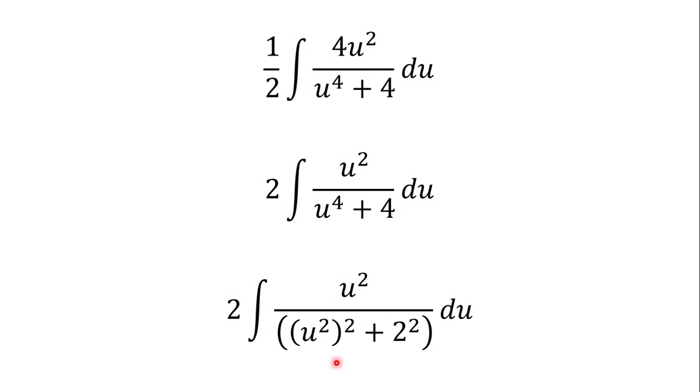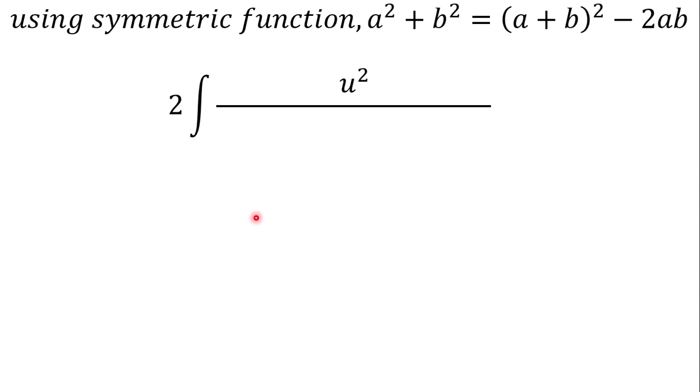We are going to rewrite this one using what I just said. u squared times 2 gives us 2u, times 2 gives us 4, 4u squared.